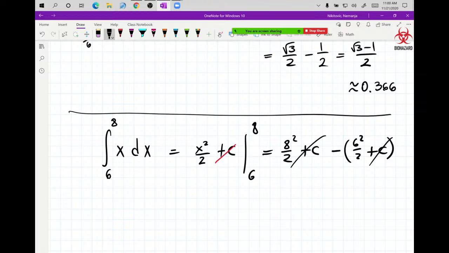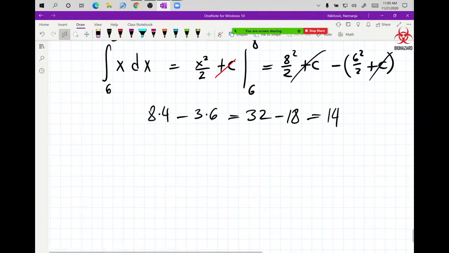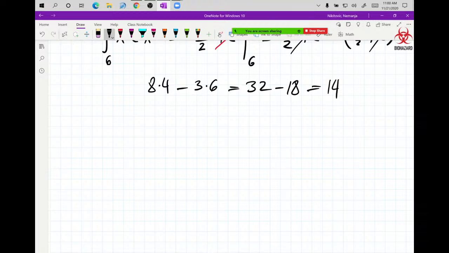We just go x squared over 2, and then what do you have? You have 8 times 4 minus 3 times 6. 8 times 4, 32, minus 18. You get 14, and there you have it. Now, is this 14? We can check that, because if you draw this function carefully, you better have 14 squares.